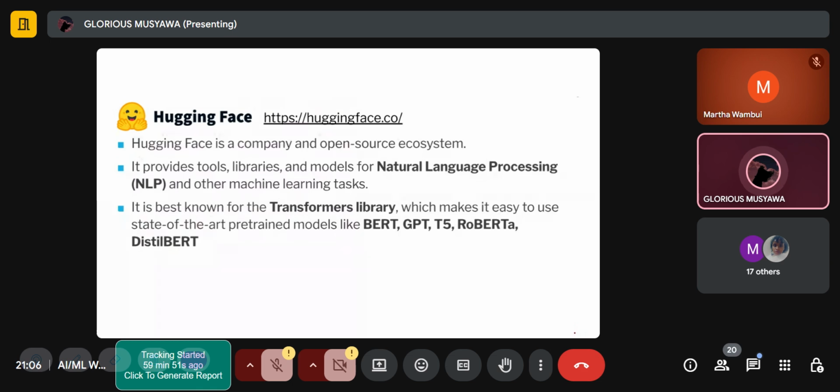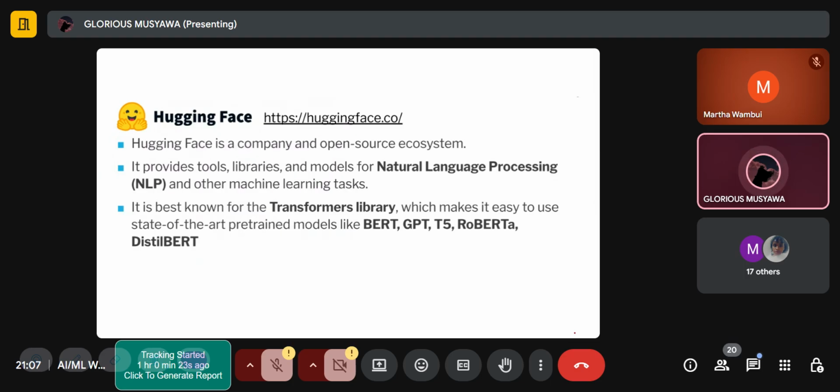So yeah, we talked about Hugging Face. When you want to learn more about deep learning models, when you want to leverage an already pre-trained model and use your data to fine tune it, it's open source. There's a lot of models. You can just go and visit and see what it has.